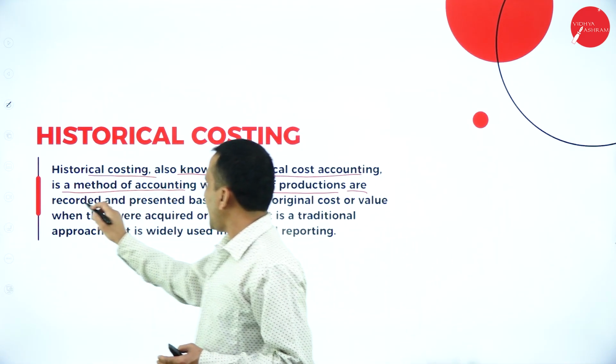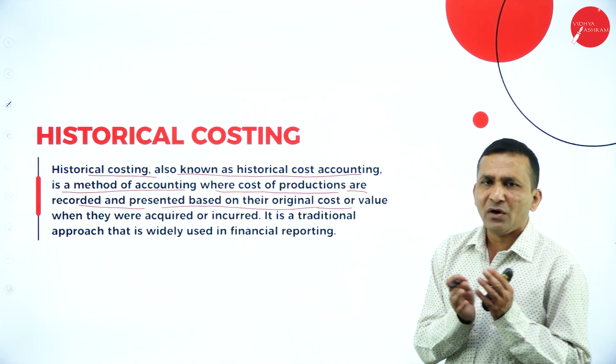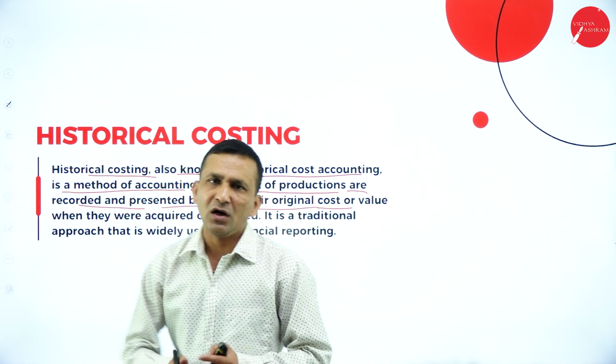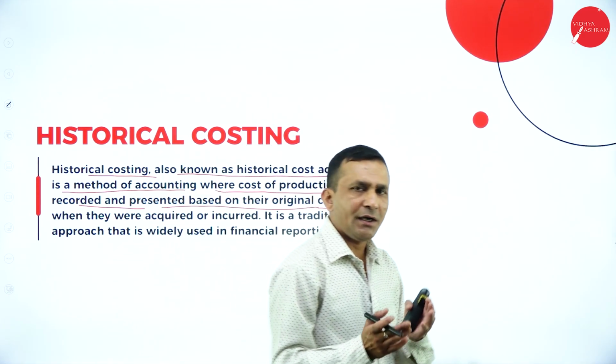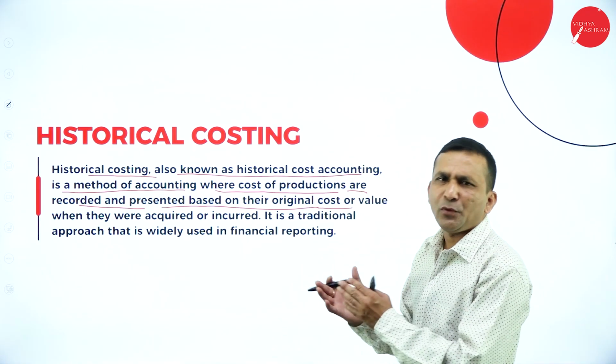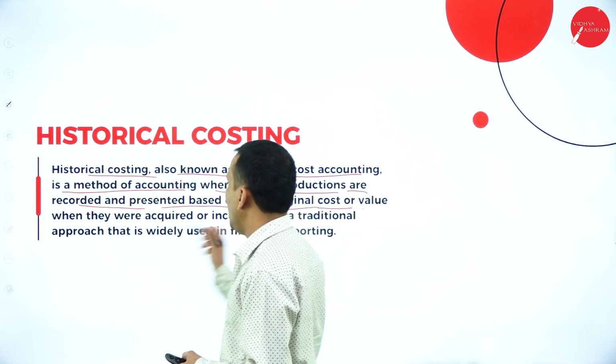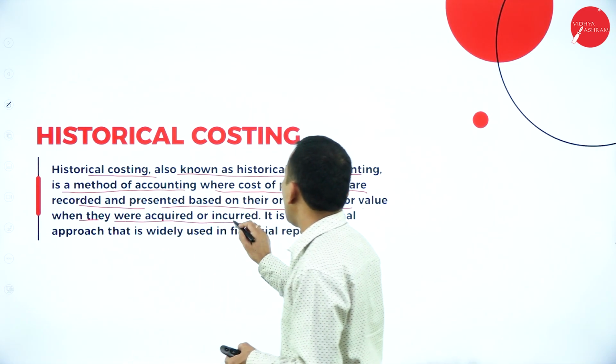So costs are recorded or presented based on the marginal cost or value, whatever the production involves, either direct material or direct labor or direct overhead. So only the production cost, we are not comparing with the performance, right? Here the value is when they have acquired or incurred.